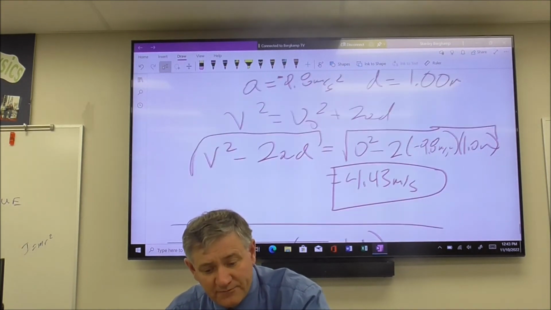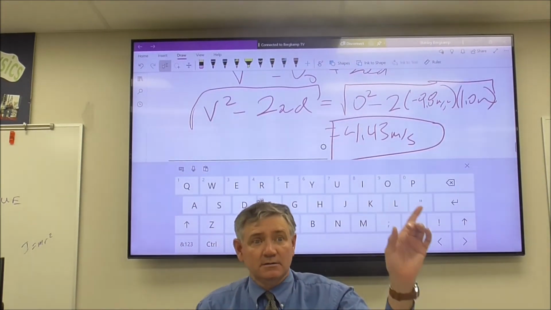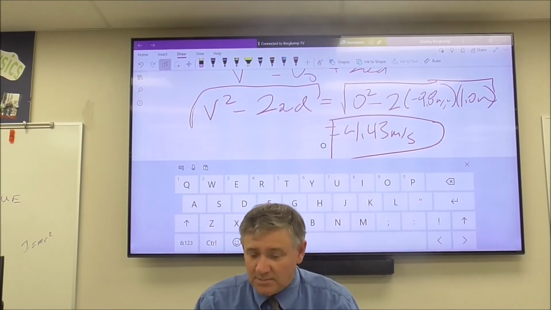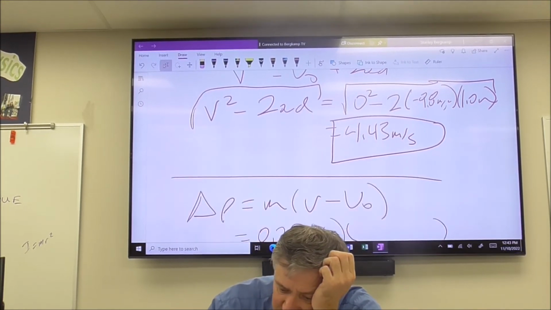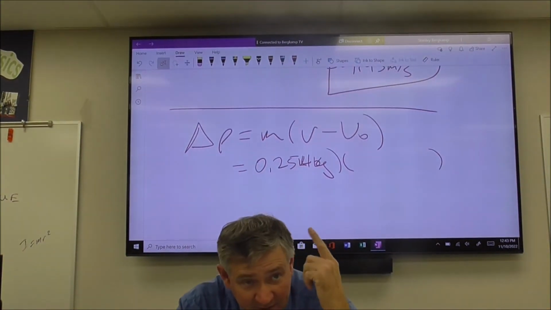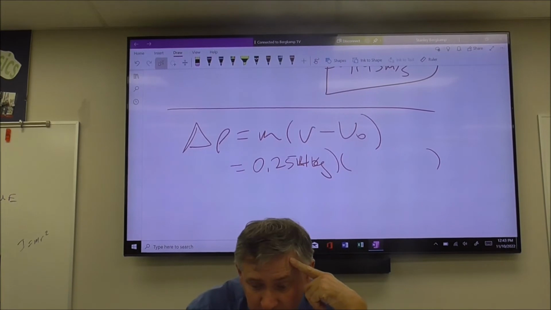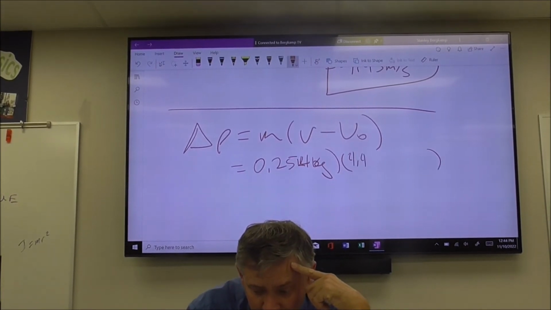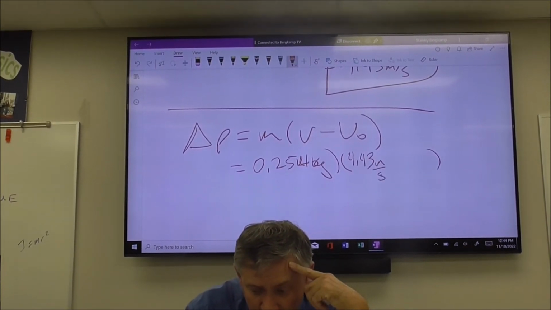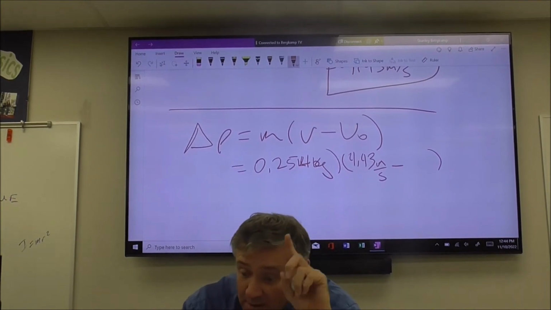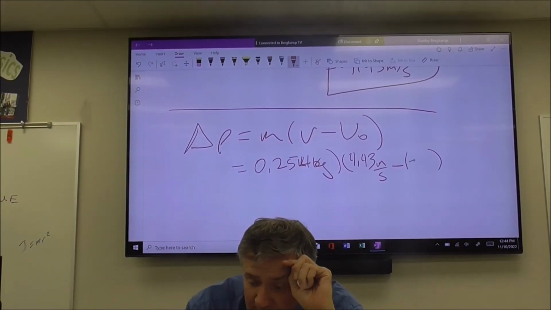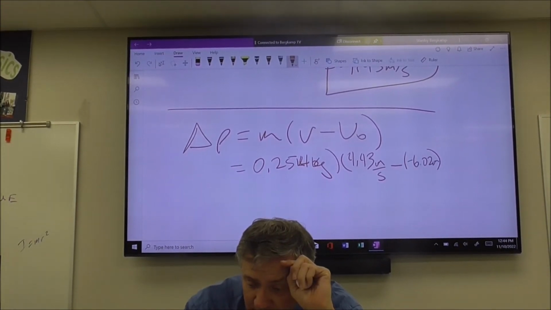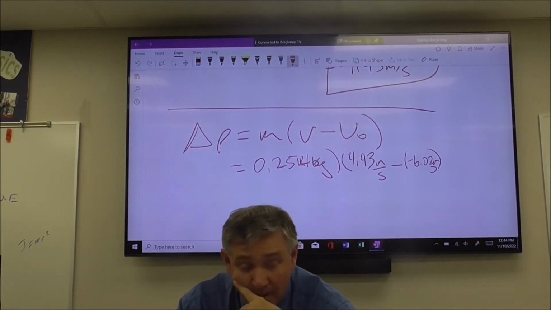So the 4.43 is my V. So when I do this change in momentum, my V is going to be 4.43 minus, wait for it, a negative 6.02 meters per second.